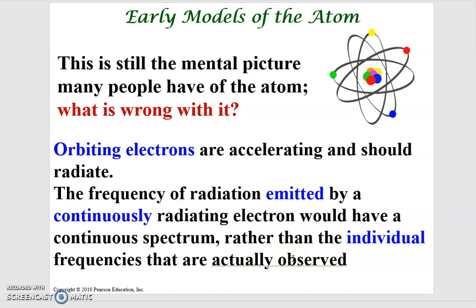So let me summarize two things: this solar system model is closer to the realistic situation, but it cannot explain why the structure of an atom does not collapse, and also the spectrum, the light emitted by the electrons, is discrete, not continuous.